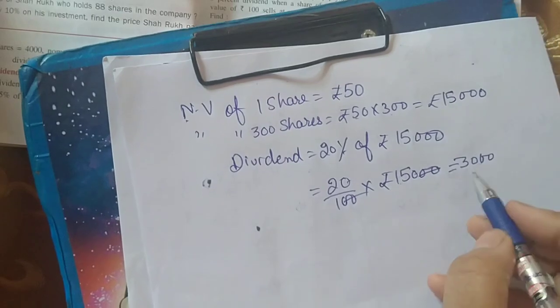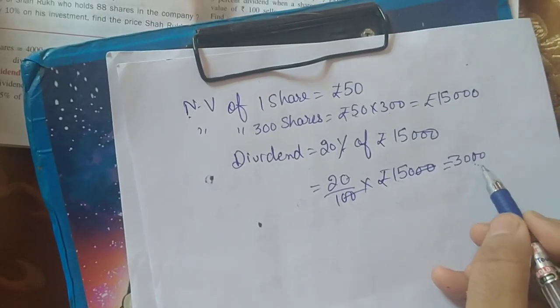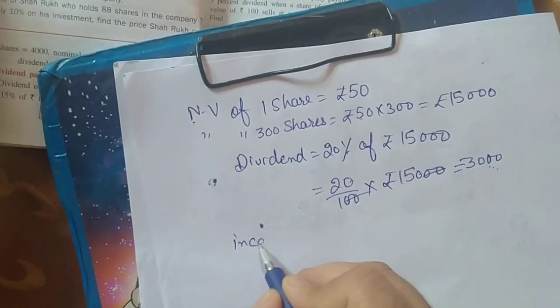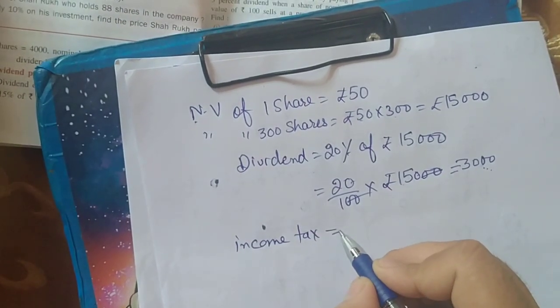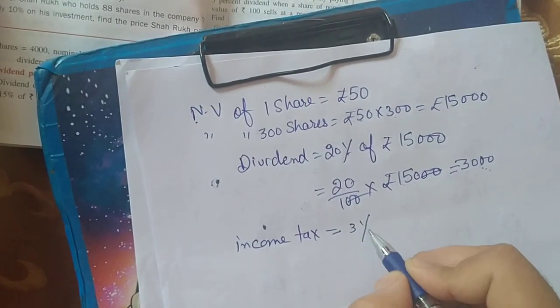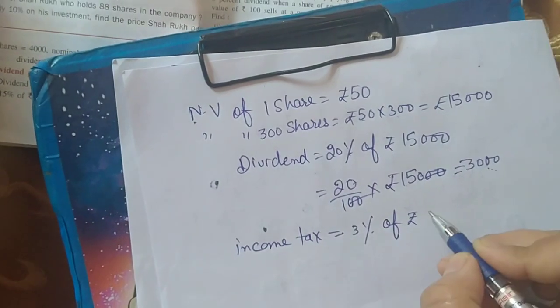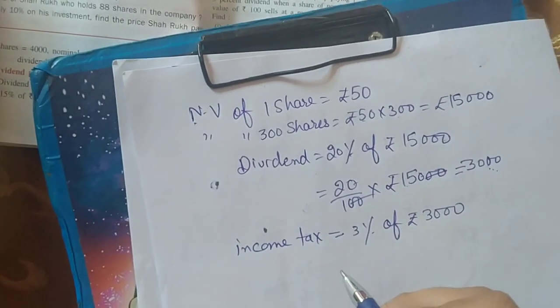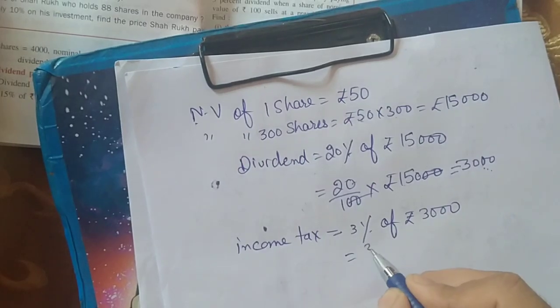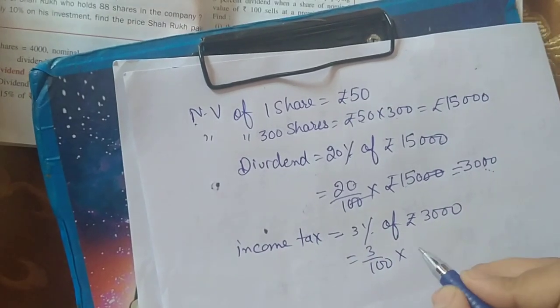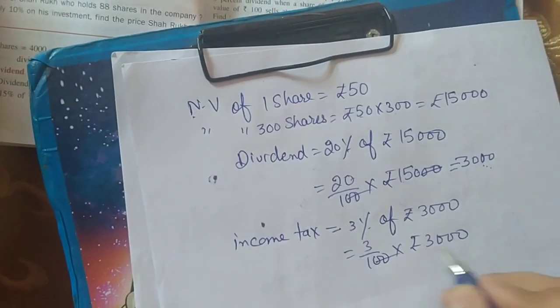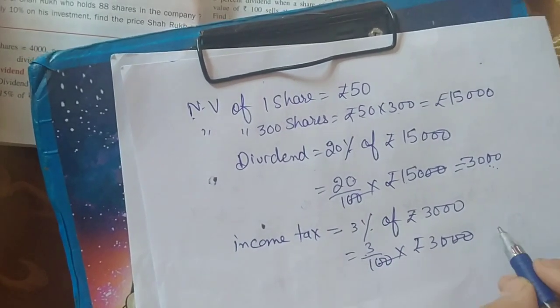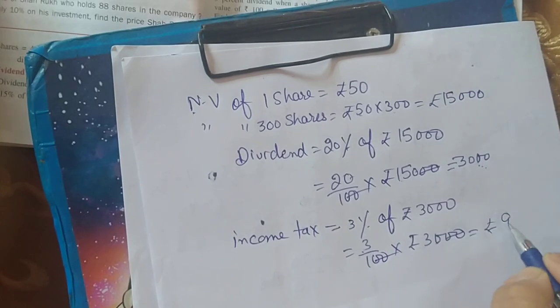So income tax will be on this profit. Income tax was 3%, so 3% of rupees 3,000. That is 3 upon 100 multiplied by rupees 3,000. 2 zeros will be cancelled here, 30 multiplied by 3 is rupees 90.